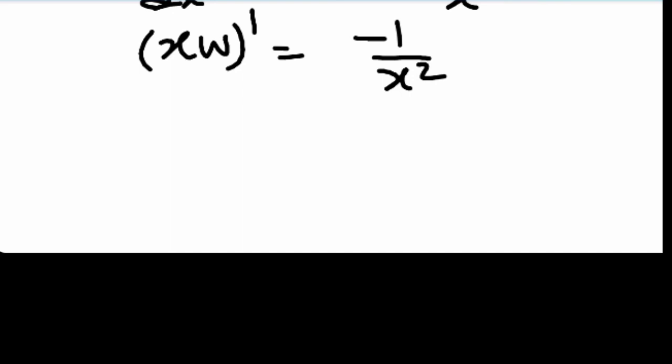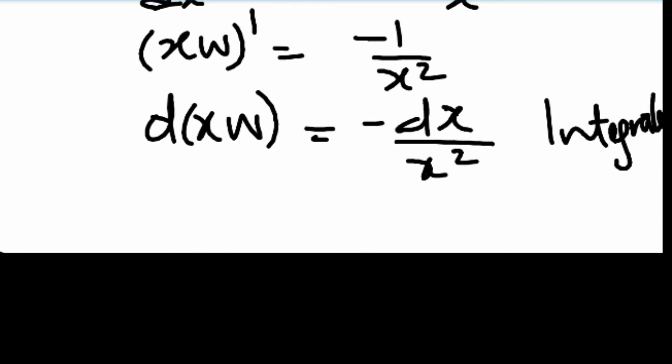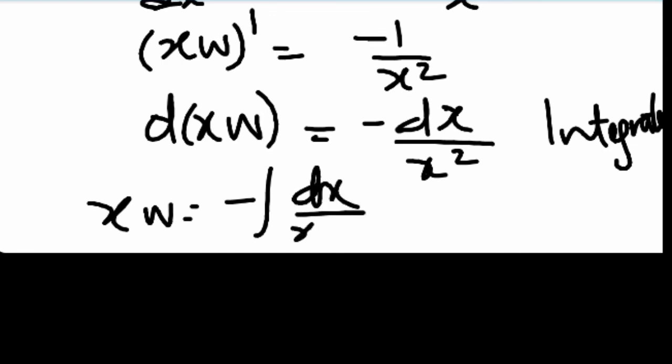Let's simplify before integrating. We have d of xw, multiplying both sides by dx, is equal to what? Minus dx over x squared. I can now integrate, and it will give me what? xw is equal to minus integral of dx over x squared. This is actually minus the integral of x raised to the power minus 2 dx.